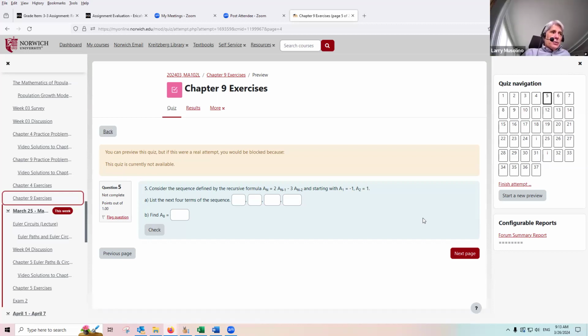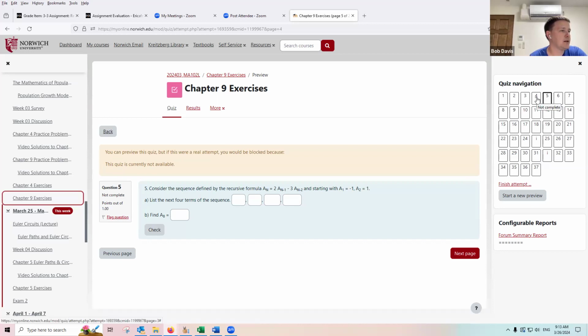They just changed the numbers a little bit. That makes sense. My only question would be, on the first one, when I plug in for the a sub n minus 2, that's going to be negative 1, so that's going to be, okay, it'd be just negative 3, and then we'll go from there.